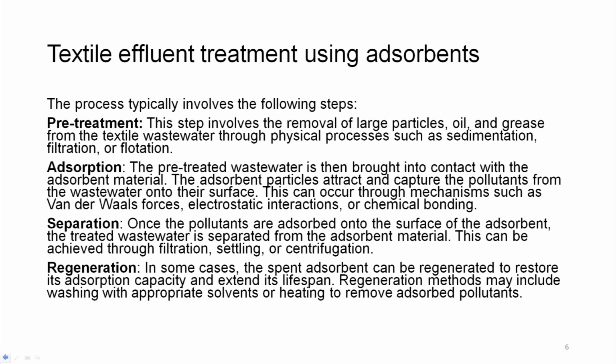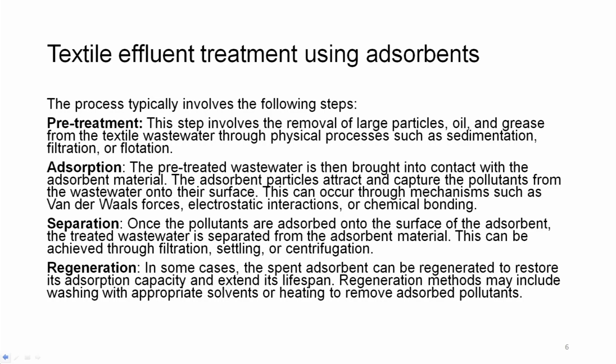A typical process involves the following steps. When we use adsorbent for the treatment of wastewater, there are steps like pre-treatment, adsorption, separation and regeneration. So, let us look deeper into the process.